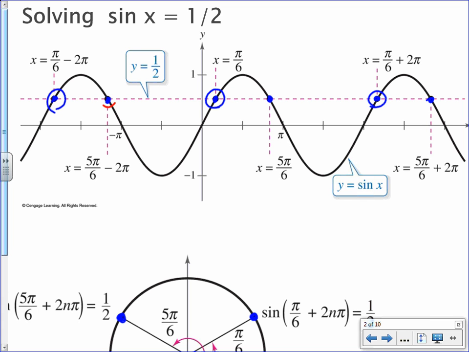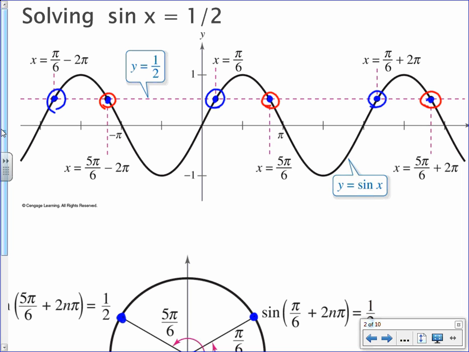So we're actually going to use our unit circle knowledge and our knowledge of these graphs to write solutions. Now we're not going to write pi over 6 and 5 pi over 6 and 13 pi over 6 and 25 pi over 6 and keep going. No, we're not going to do that. We're going to have a way to express these solutions, so you only have to write them once.